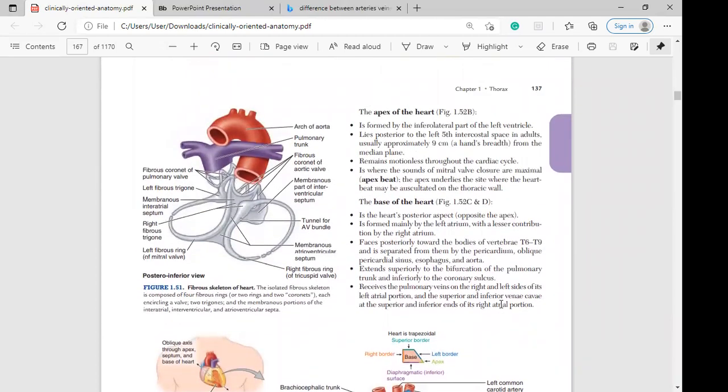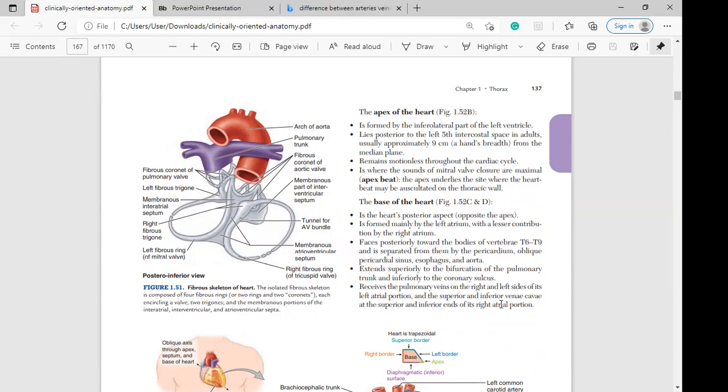The left ventricle, the inferior lateral part of the left ventricle, okay? And that is located in the 5th intercostal space on the left side, and that is where you hear the apex beats.